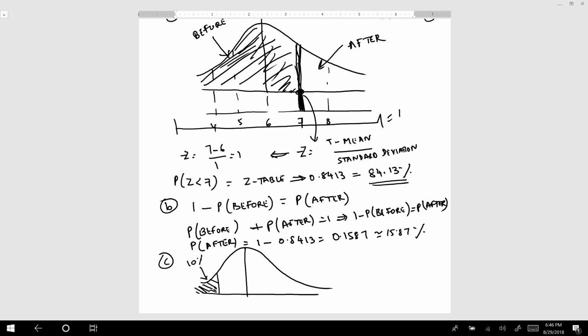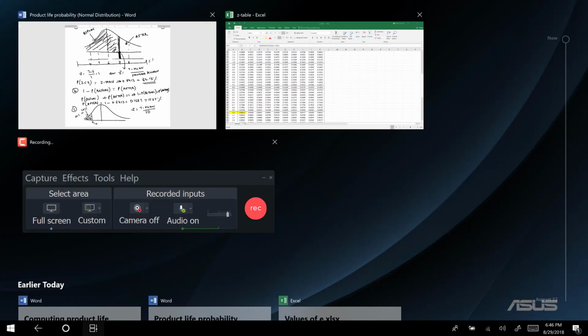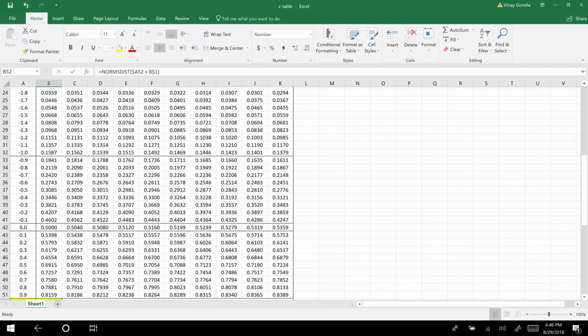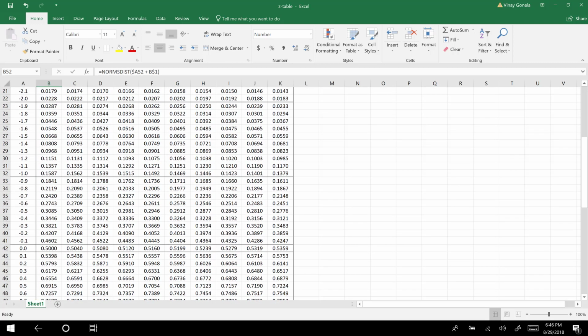I want to calculate the z value first, using z equals t minus mean divided by standard deviation, where standard deviation I will write as st. From this 10%, which is 0.1, I will get the z value. So I will go to our table and do the reverse. I'm looking for a value of 0.1 in the probabilities.